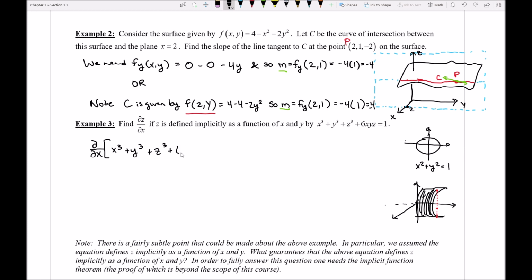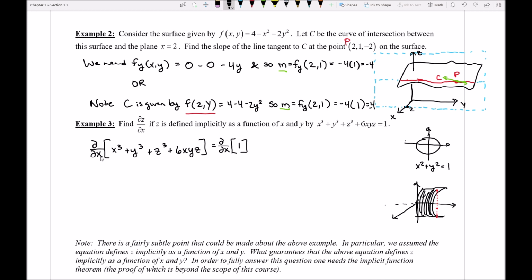Again, x is going to be my variable. y is going to be a number. And I'm going to pretend right now that z is some function that could be written in terms of a bunch of x's. So whenever I see z, I'm instead going to think stuff with x. All right, so let's see how this plays out.